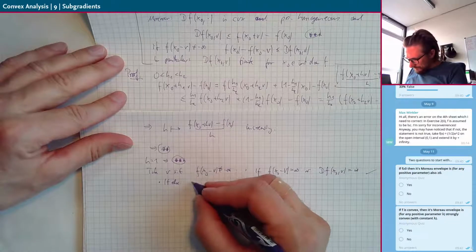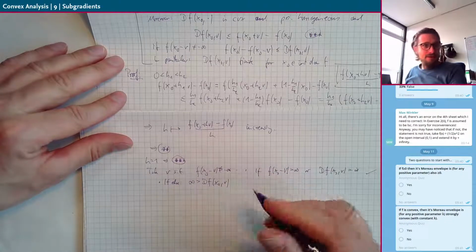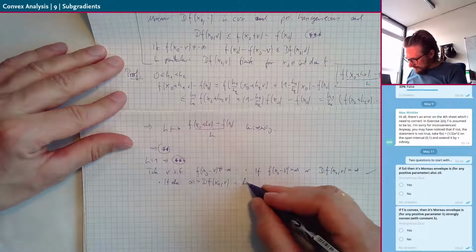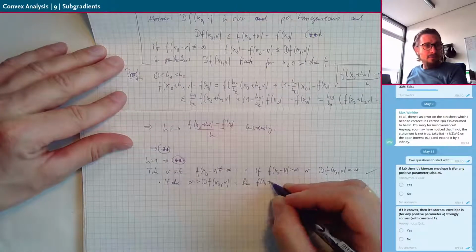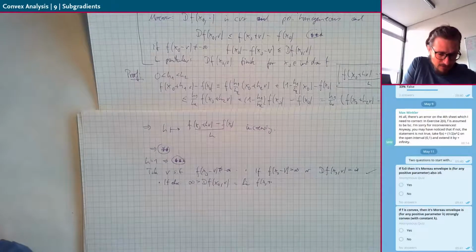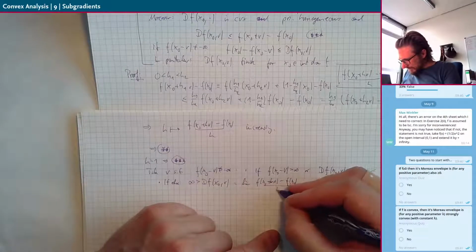And then we have infinity is larger or equal to the directional derivative into direction v, which is now the limit of f of x0 plus, oops, there's another typo, h times v minus f of x0 divided by h.